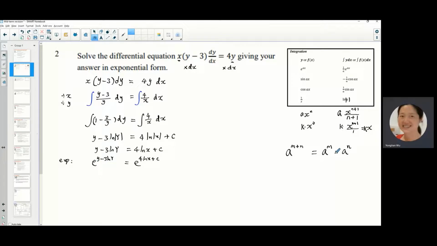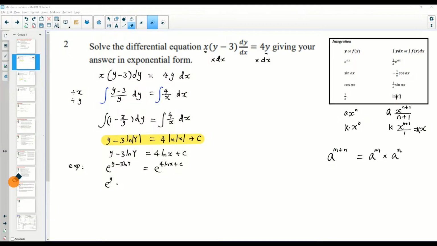So to use this formula on here, I would have e to the y times e to the minus 3 log of y equals e to the 4 log of x times e to the c.